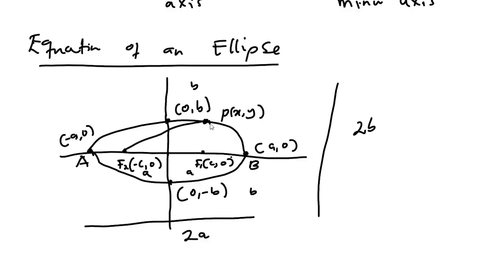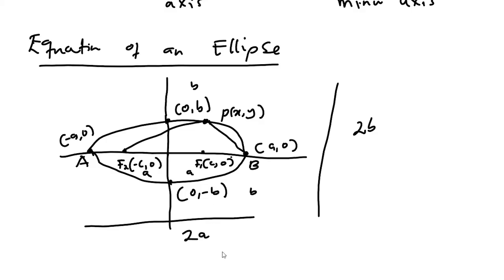From the definition of this ellipse, an ellipse is a set of all points, the sum of whose distances from two fixed points is a constant.